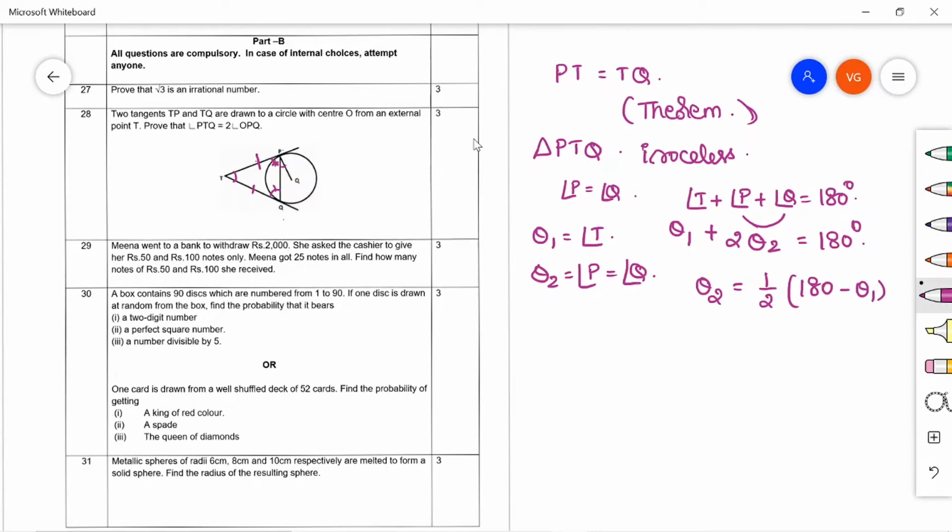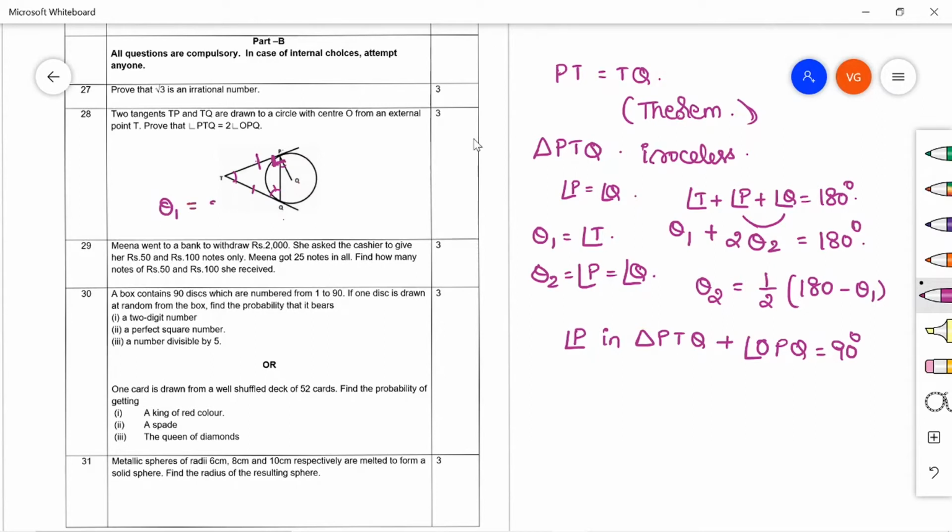And you know the angle made by the tangent with the radius is 90 degrees. So this full is 90 degrees here. That is angle P in triangle PTQ plus angle OPQ is nothing but 90 degrees. We need to prove this angle T here. Angle T, I have assumed it as theta 1, right?